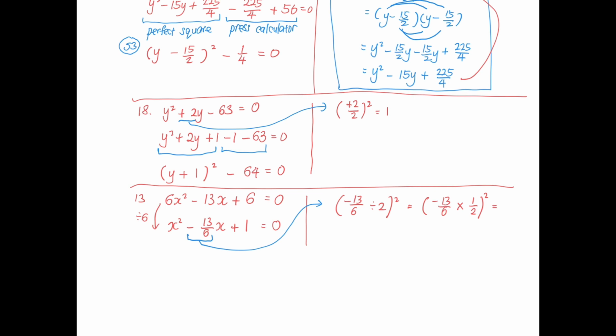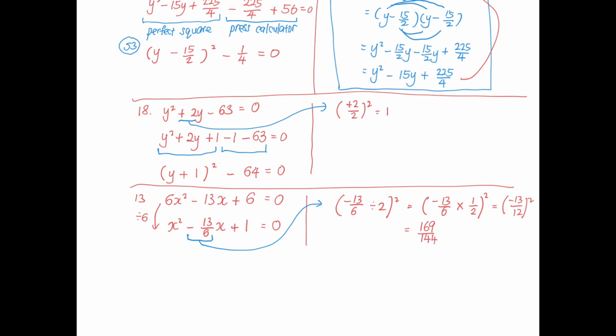What to do here is we take the numbers at the denominator and multiply them. The 6 multiplied with the 2 becomes 12. So we get minus 13 over 12 squared. Then if you press the calculator, you get 169 over 144.